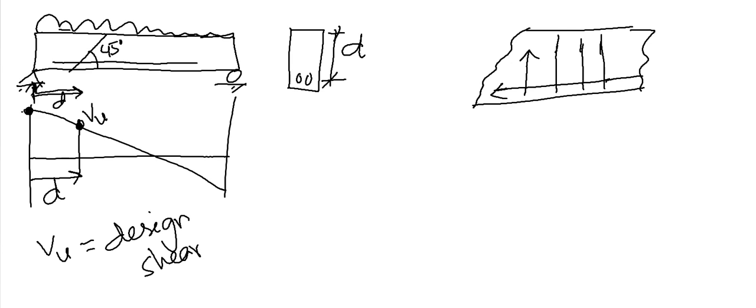Again, whenever we draw a shear force diagram, the maximum shear force is not our design shear force. The shear force at d distance from the face of the support is our design shear force. So that is something to remember.